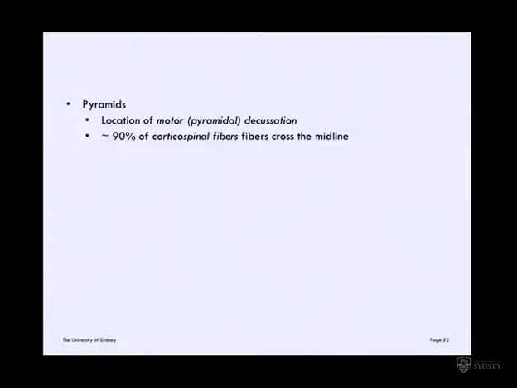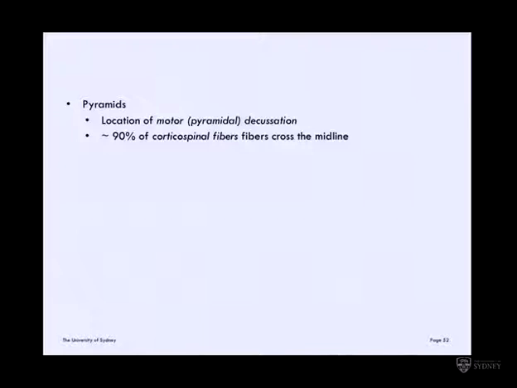Okay? So now this brings in the next step, where if a lesion occurs above or below the level of the pyramids, what side of the body would be affected? Obviously, if it's above the level of the pyramids, what deficits would you see?